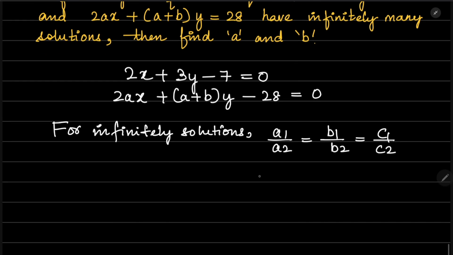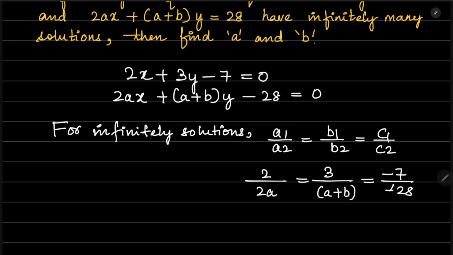So this is your a1, a2, b1, b2, c1, c2. So a1 by a2 is 2 by 2a, should be equal to b1 by b2, which is 3 divided by (a plus b), and should be equal to minus 7 by minus 28. So negative gets cancelled. 7 ones are 7, 7 fours are 28. So you can consider this c1 by c2 as 1 by 4.